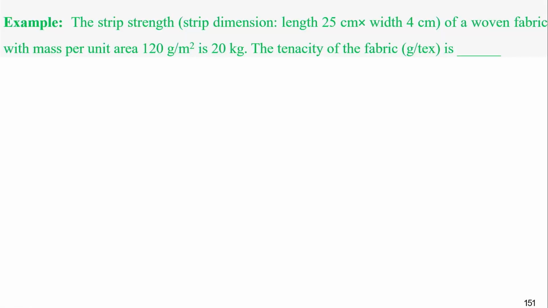Let us take another example, a similar numerical where the strip dimension is 25 centimeter length and the width is 4 centimeter, and the mass per unit area is given 120 gram per square meter, and the breaking load is given 20 kg.